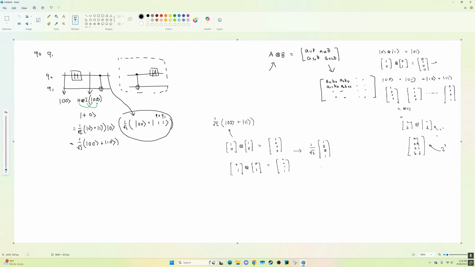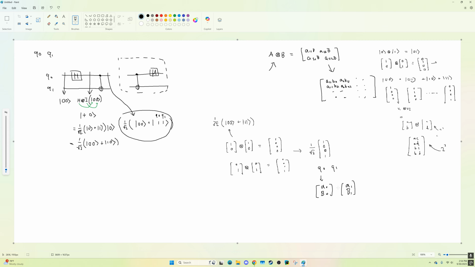Then if those qubits are Q0 and Q1, and Q0 is equal to some alpha 0, beta 0, and Q1 is equal to some alpha 1, beta 1, because these are the probability amplitudes of this qubit right here, where it would be like alpha 0 times ket 0 plus beta 0 times ket 1 for qubit 0.